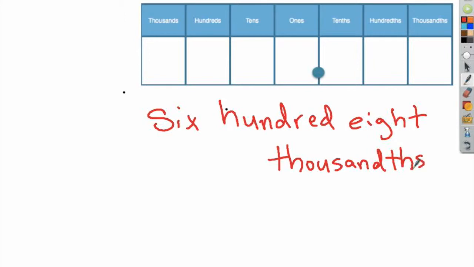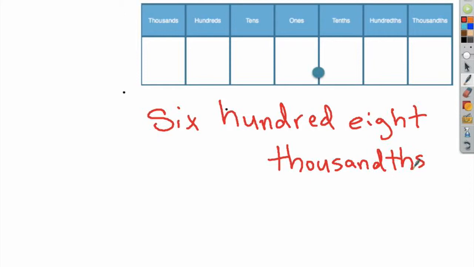608 thousandths. Did you hear the word "and" anywhere in there? No. Did you hear something that said thousand or thousandths? Thousandths. Which side of the decimal are we going to be on? Give me a thumbs up if we're going to be on the left side of the decimal.